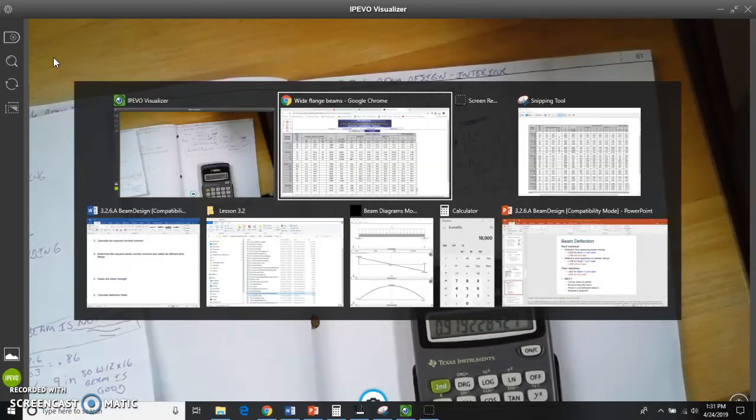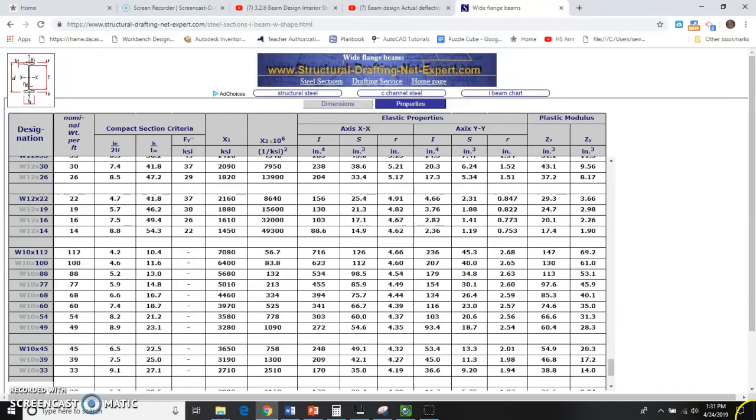So I'm going to Alt Tab back to my chart here, and I'm going to go in properties. I'm down here with my W12 by 14. The next one up is a W12 by 16, and this has the I value of 103.